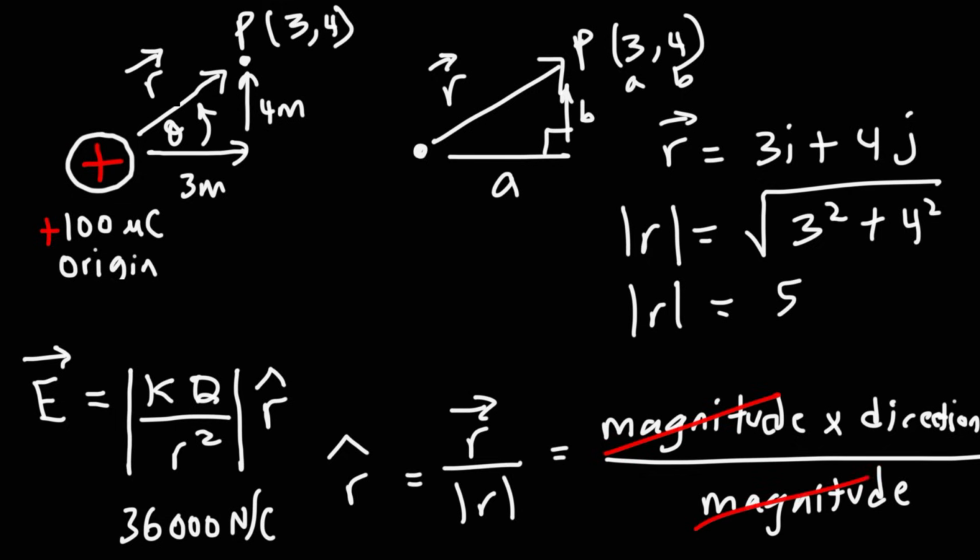So these will cancel, and what we're left with is the direction, which is the function of the unit vector. A unit vector has a length of 1, but its purpose is to give direction to the vector that you're trying to describe or trying to calculate. So I want you to understand the concept of the unit vector. So whenever you see r hat, I want you to understand its purpose. All it is, it's a unit vector that gives the direction to the original vector.